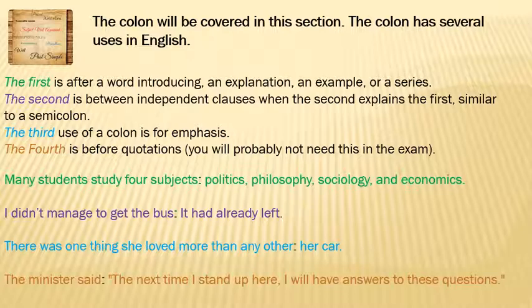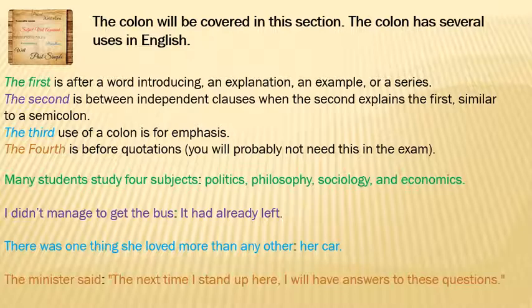And here, connecting ideas together, independent clauses. I didn't manage. There's a clause. It had already left. There's a clause. So these two clauses go together because this is explaining what happened after this. I didn't manage to get the bus. It had already left. They go together. This one explains why I didn't get the bus.